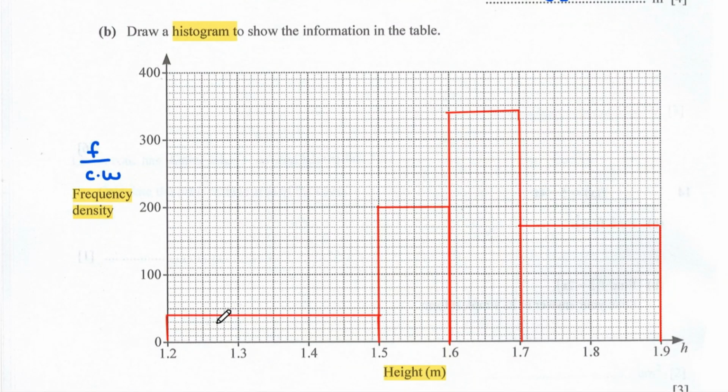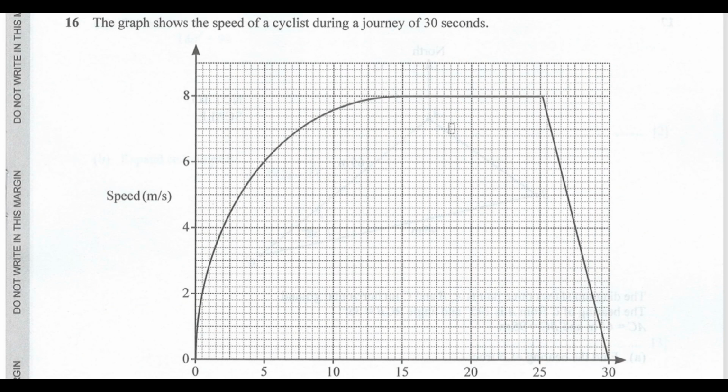For the class greater than 1.2 and less than or equal to 1.5, the frequency density is 40. Then for the next class, the frequency density is 200. And for the third class, the frequency density is 340. And for the last class, the frequency density is 70. So here is the complete histogram.